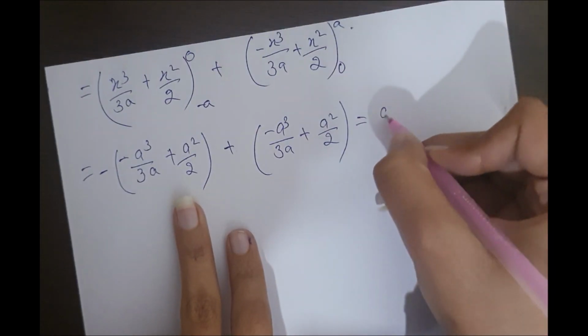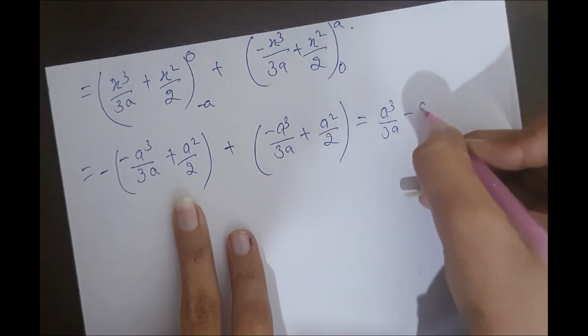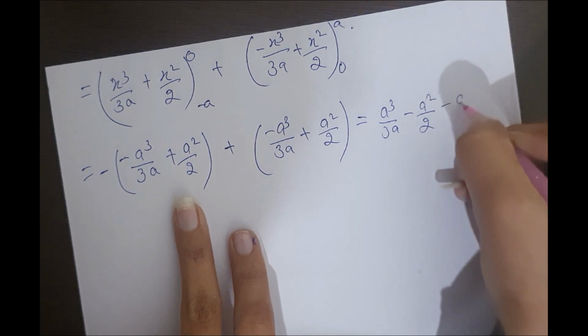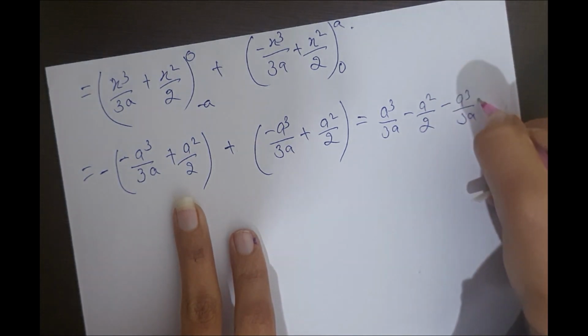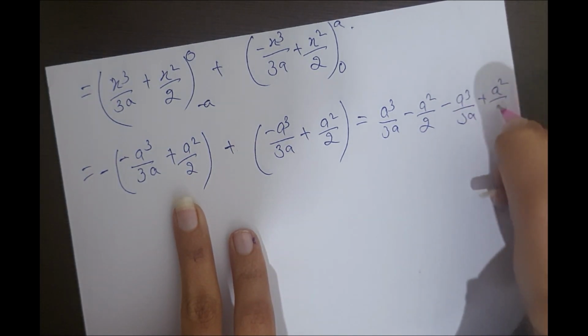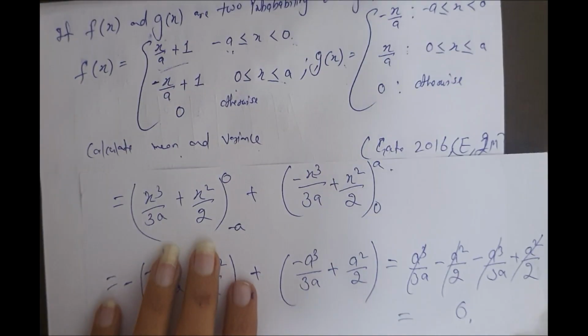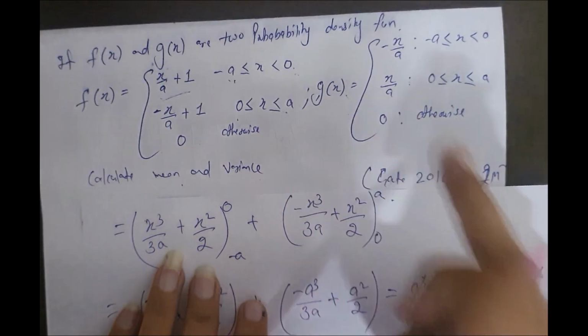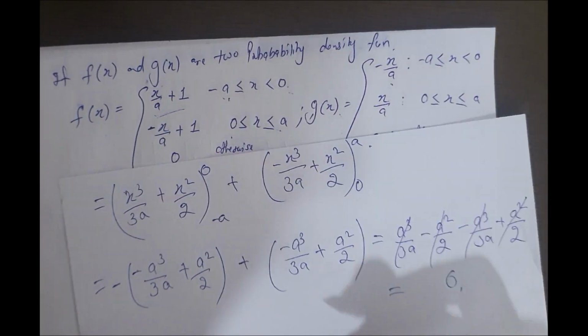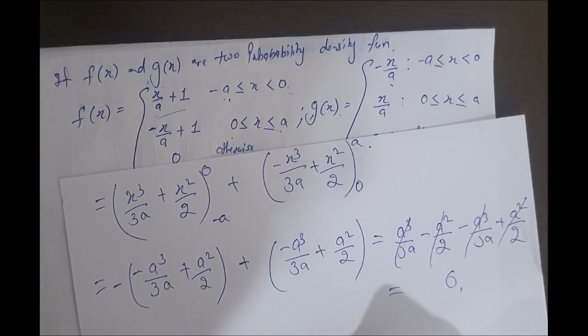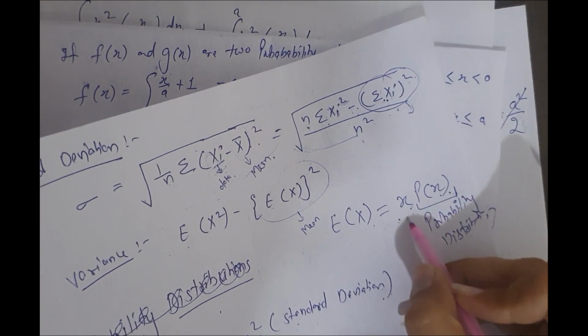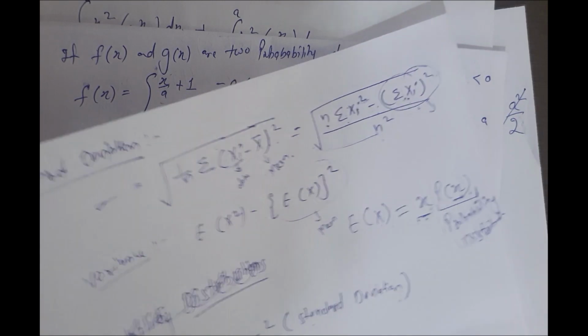This will be 0. Similarly, check the mean of g(x), that is x into g(x), because we find mean with x into probability distribution.